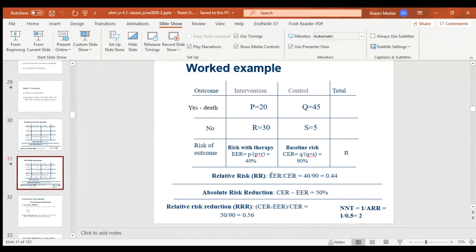So if the relative risk is more than 1 and the outcome is something bad, the treatment is harmful. If it is less than 1 and the outcome is something bad, the treatment is working, it's helping people. And if the relative risk is 1, it means no difference: the treatment is as good as control.